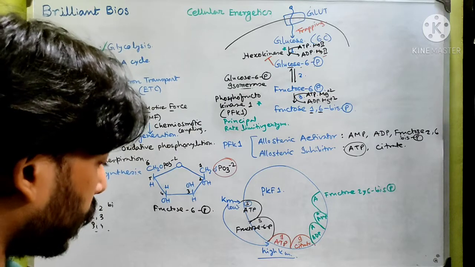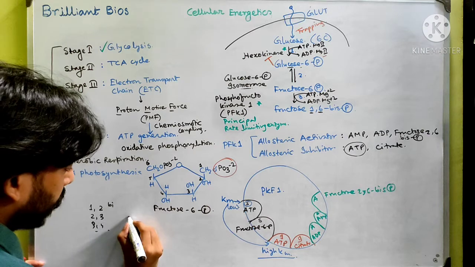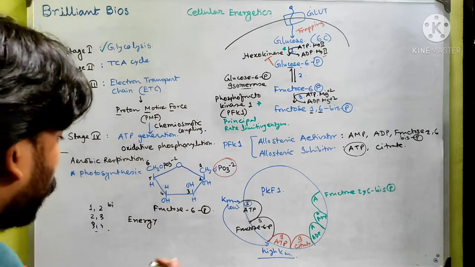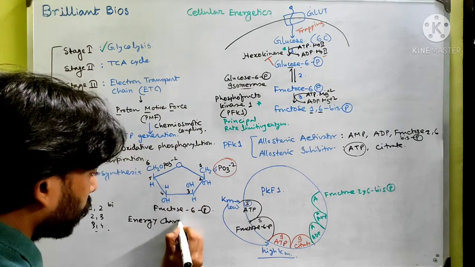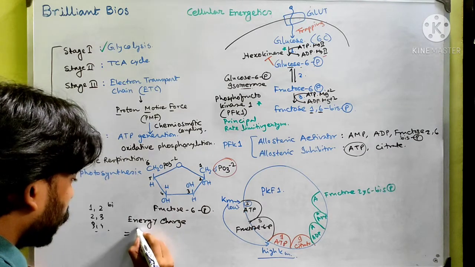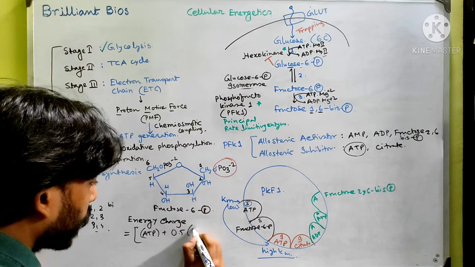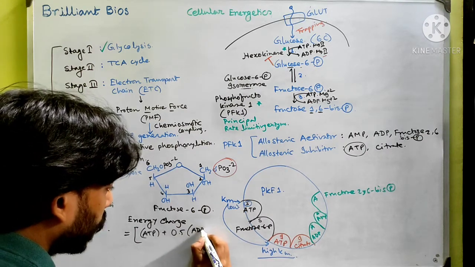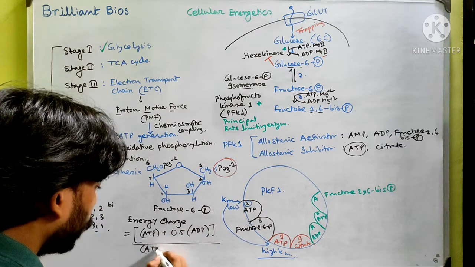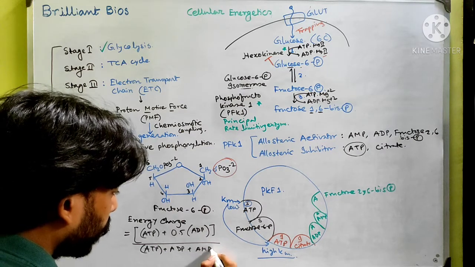Now I will show you another piece of information for your preparation: a cell's energy charge. It's called energy charge. How to calculate the energy charge of a cell? The concentration of ATP plus 0.5 times the concentration of ADP, divided by the total concentration of ATP plus ADP plus AMP.